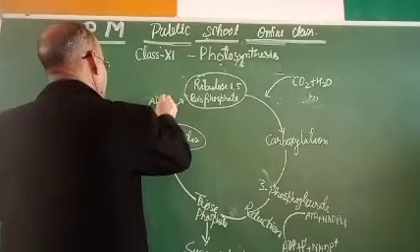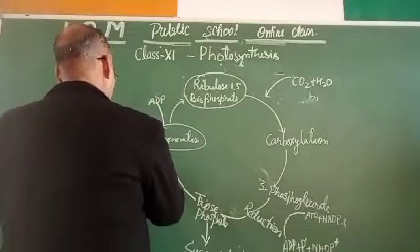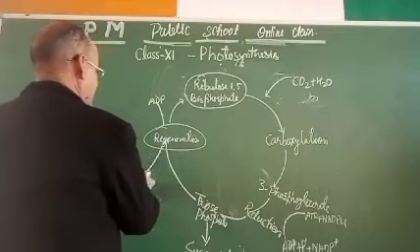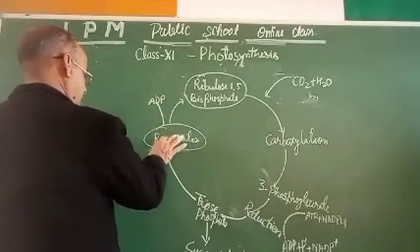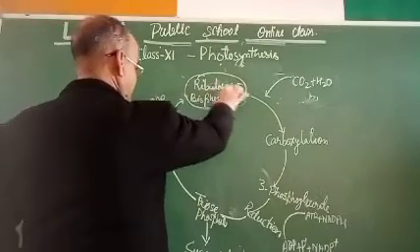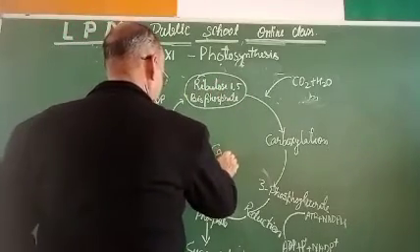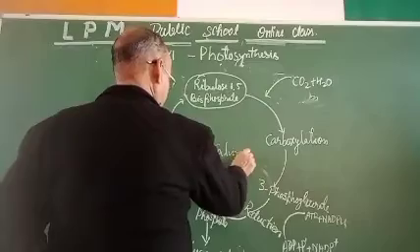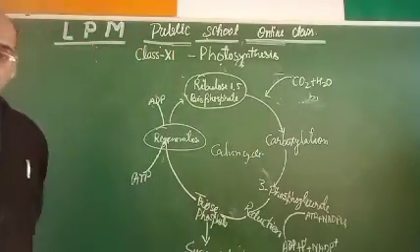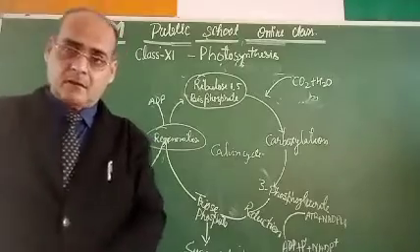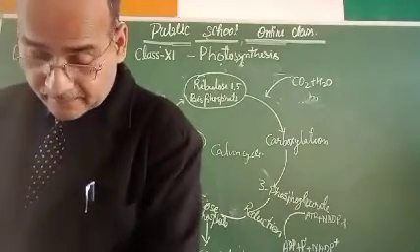By the energy taken from ATP. So ATP gets converted into ADP, loses one phosphorus, and the regeneration process takes place. This is called the Calvin cycle.